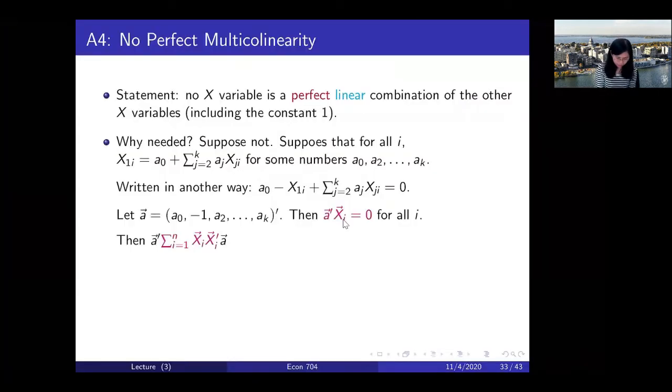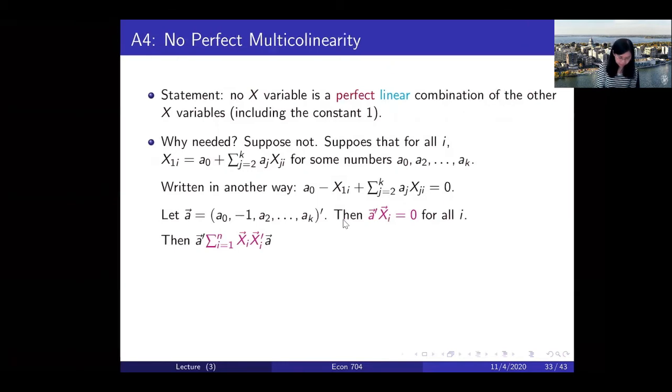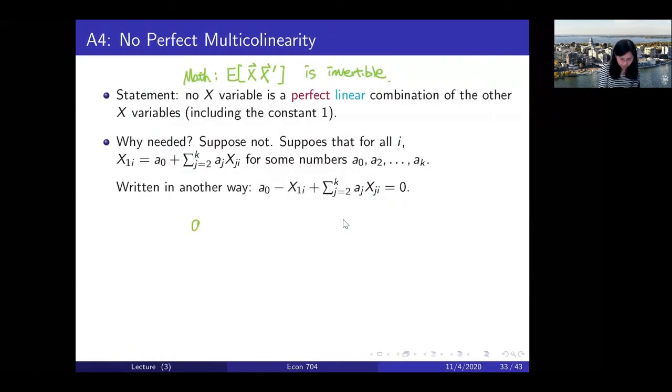We can define the a vector to be this column vector of a0, which is the coefficient of 1, then minus 1, which is the coefficient on x1i, and then a2 to ak. And remember the x vector is 1, x1i, to xki.